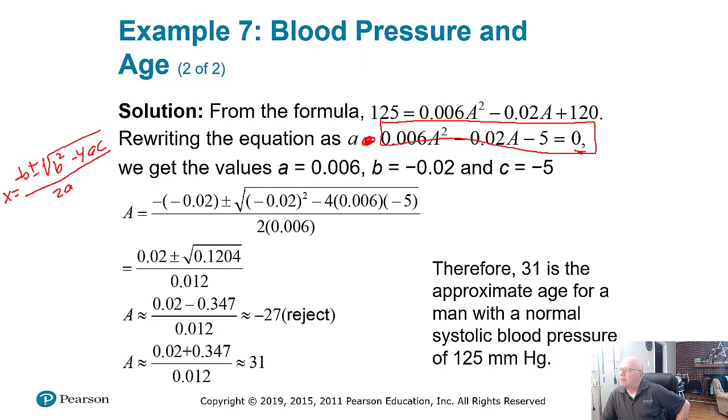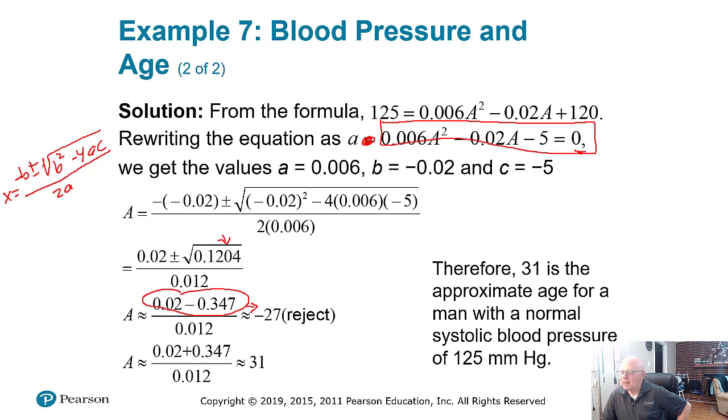Now, what happened in this one? Well, some of these parts you're going to have to use your calculator, frankly. Notice that you've got the square root of 0.1204. No one's likely to do that in their head or on paper, so you need to use your calculator. What you end up with is this, which when you use the calculator, you get A is negative 27.